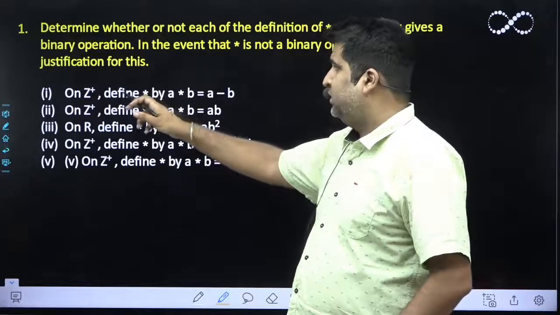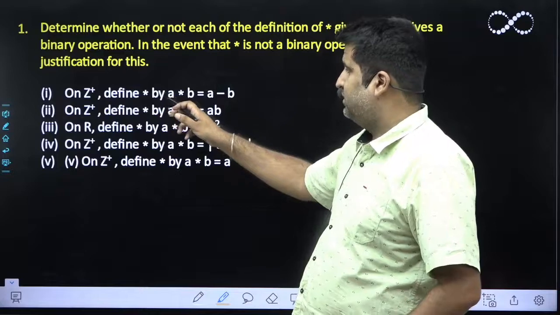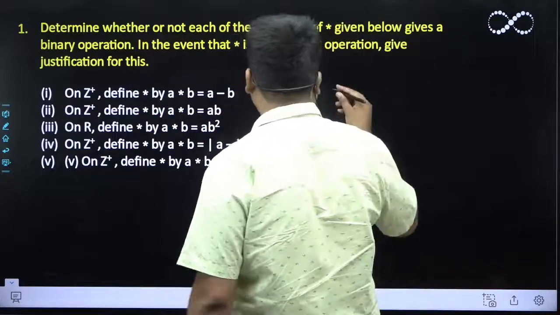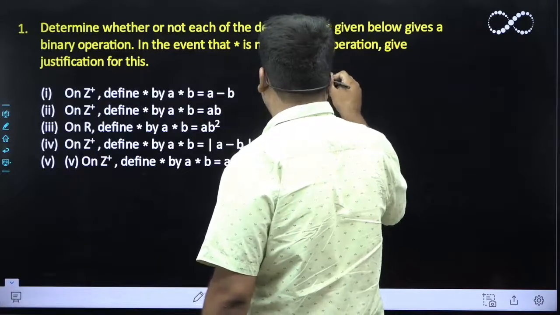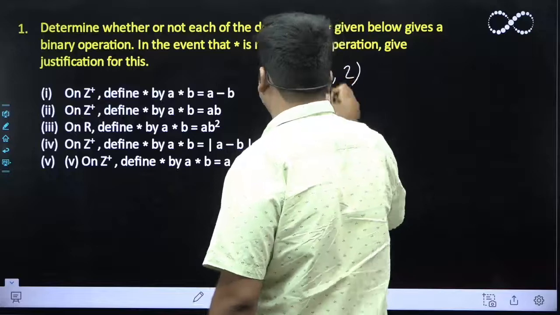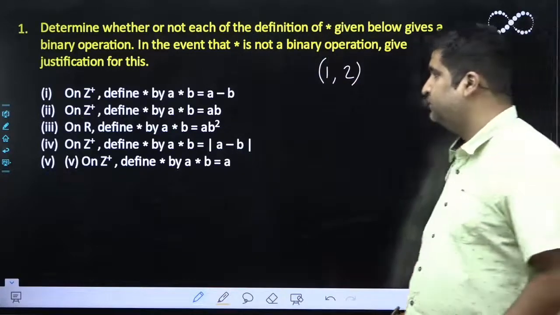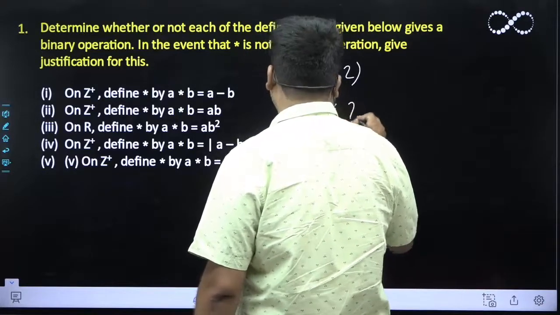So we have on Z plus, define star by A star B as A minus B. So let's take an example, 1, 2. Now this is an ordered pair A, B, 1, 2, right? What is 1 star 2?